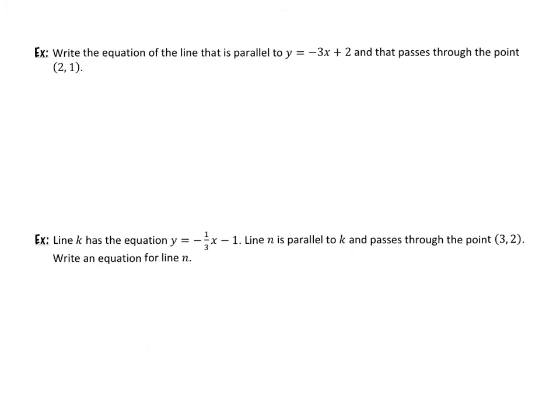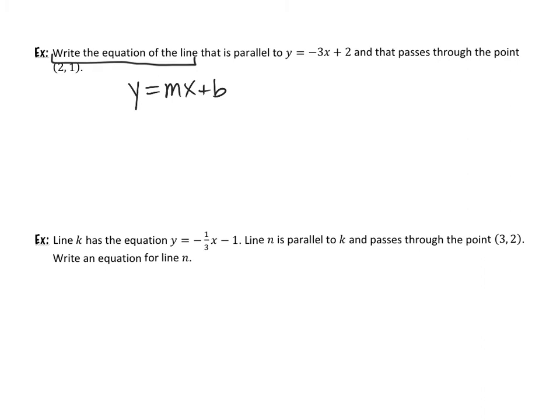So in our first example question, we are going to write the equation of a line that is parallel to y equals negative 3x plus 2, and that passes through the point (2, 1). Lots of pieces here. So we know we want to write the equation of the line, which means y equals mx plus b.